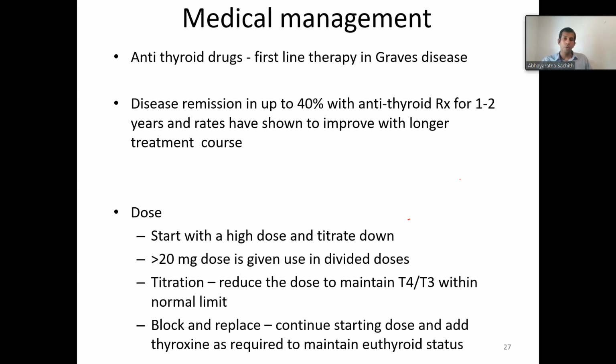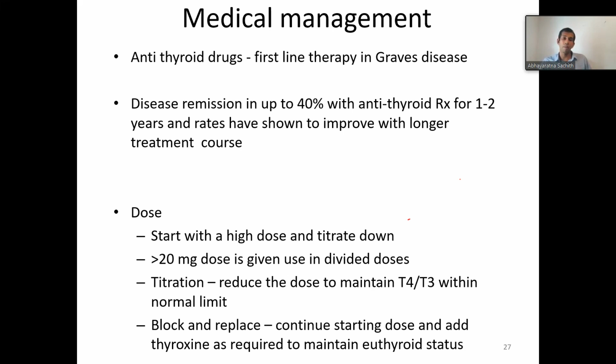And once you titrate, your aim is to maintain T4 and T3 within the normal level. So those are the tests. T4 would be adequate, it is the test you will be doing when you are following up the patients. And then you may have heard about block and replacement therapy with thyroxine. What I've described so far is the titration regime. Block and replacement therapy, some centers use it.